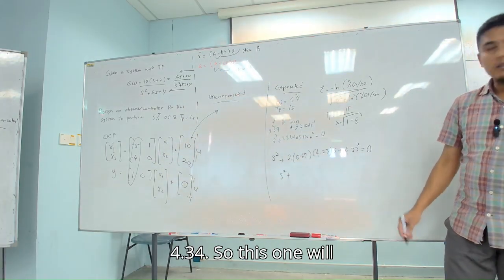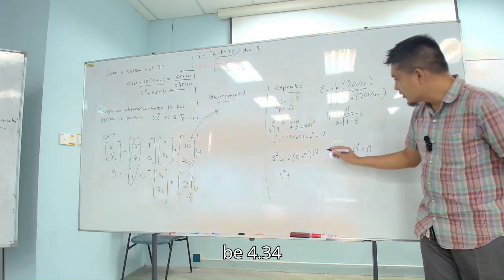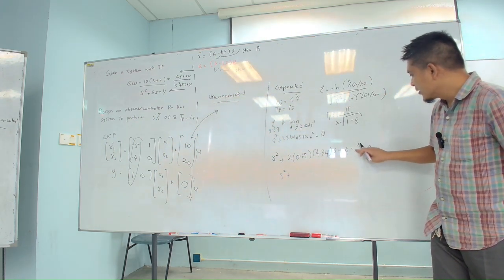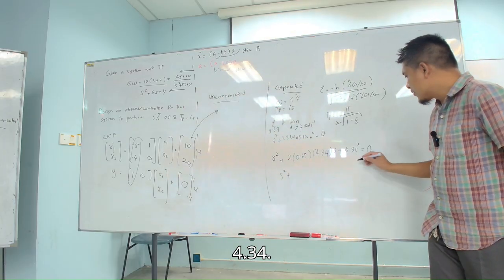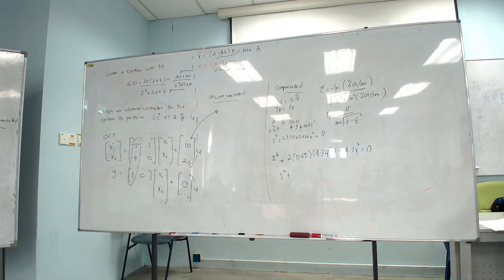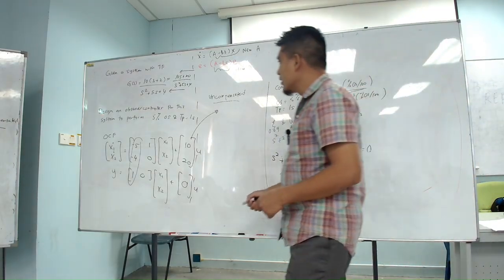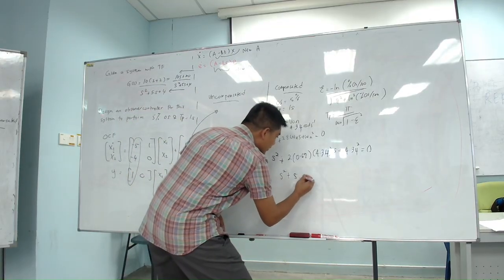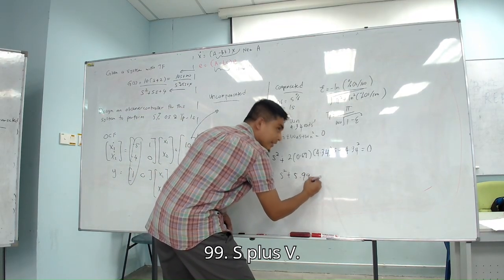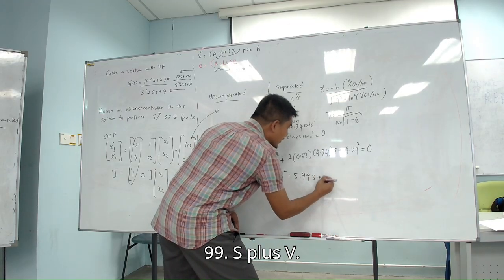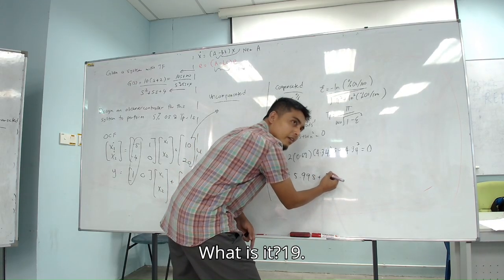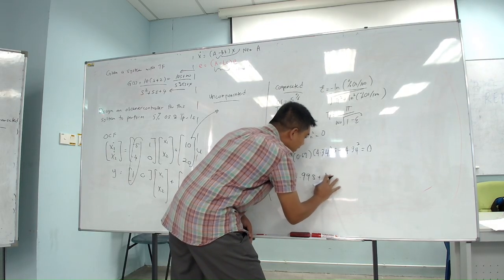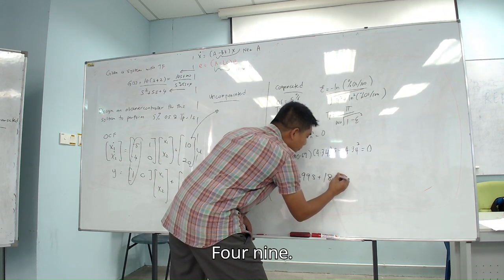So this will be 4.34, s squared plus 5.999 s plus 18.49.